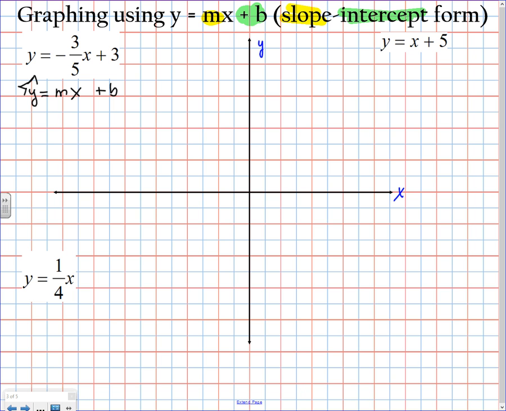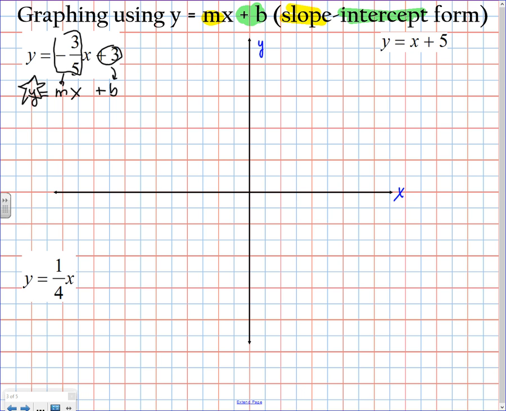If it's not by itself, you get it by itself. And the number that's right next to the x is your m. So in this particular problem, my m will be negative 3/5. This is my b value, so my b value will be 3.